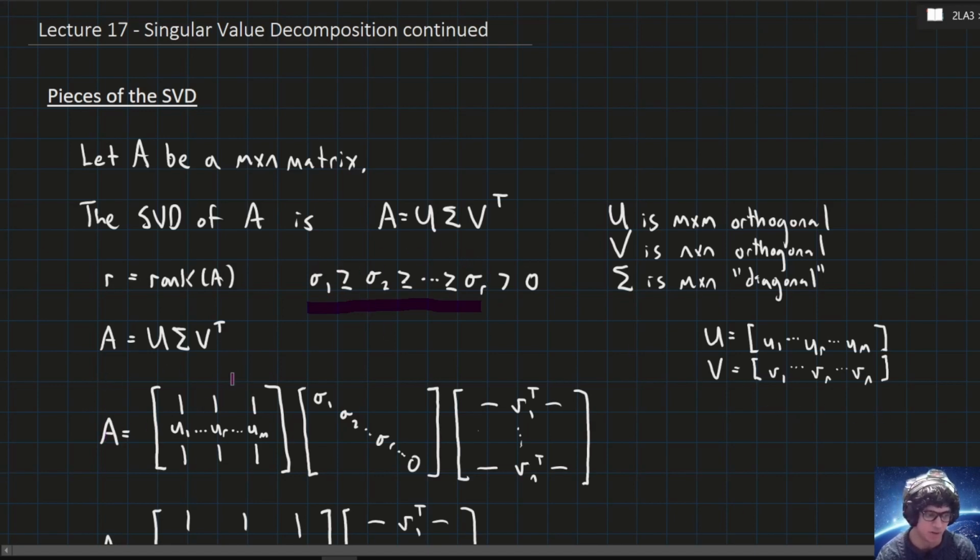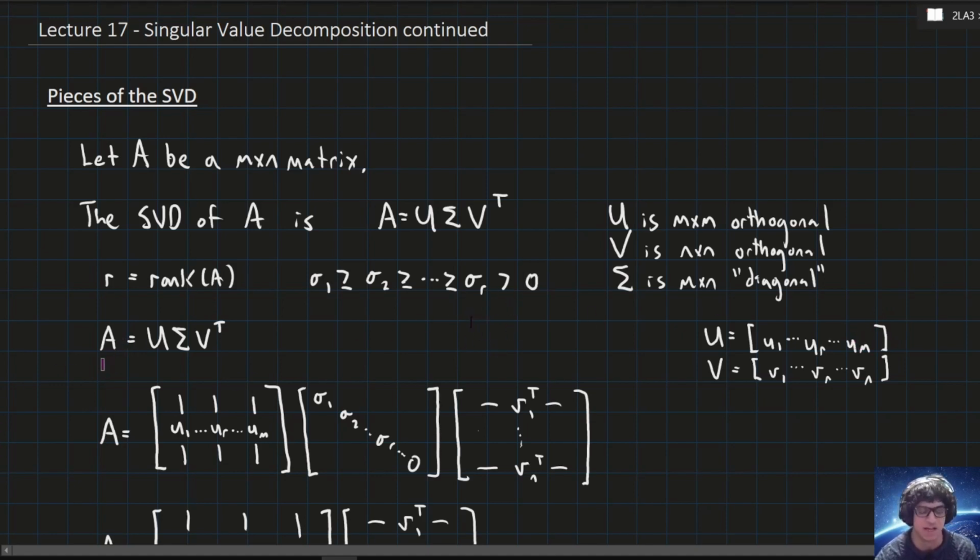When we label our U's and our V's, we like to separate the first r from the remaining singular vectors, like this. The first r correspond to the non-zero singular values, and the remaining ones correspond to the singular value 0, if it's there.